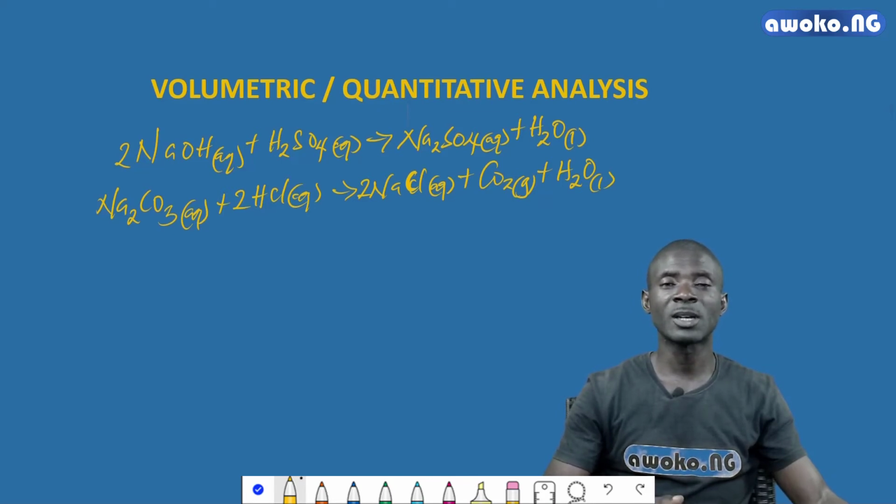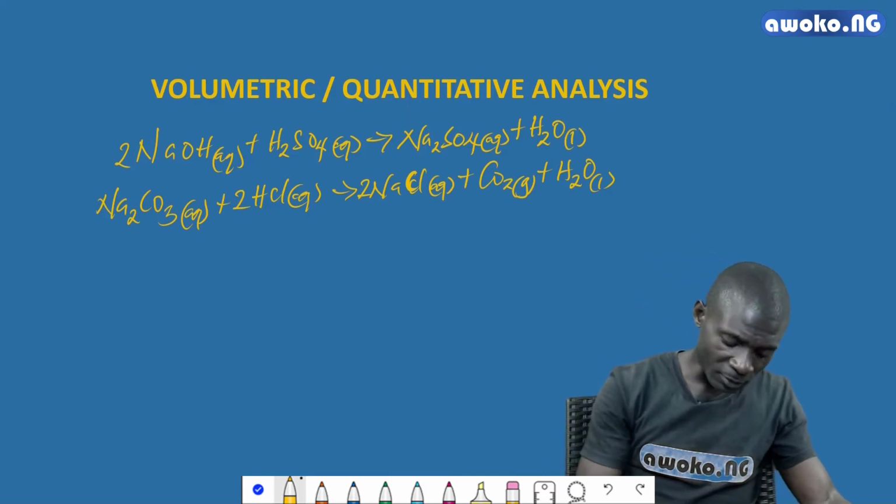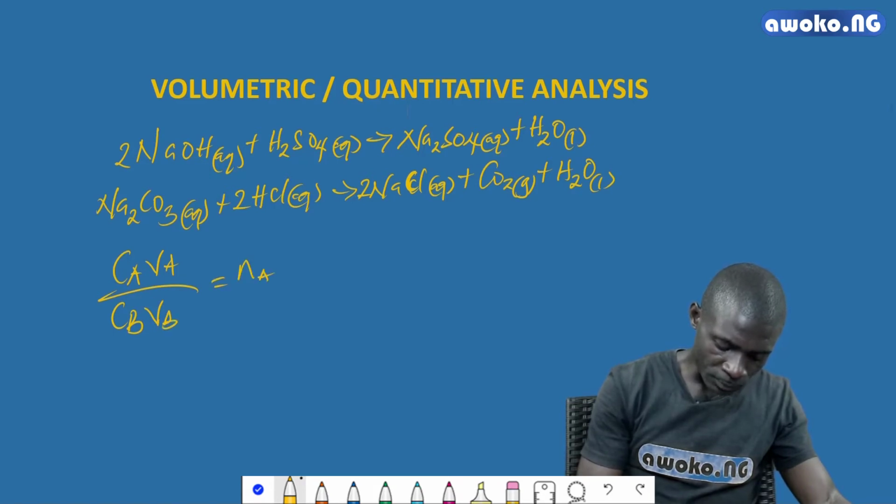So in volumetric analysis, there is a simple formula called the volumetric analysis formula, or the quantitative analysis formula, and it is written in this form: CA VA all over CB VB is equal to NA over NB.